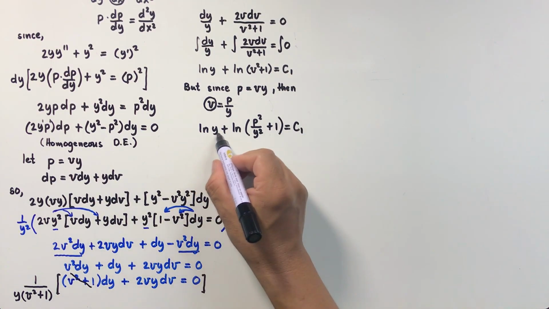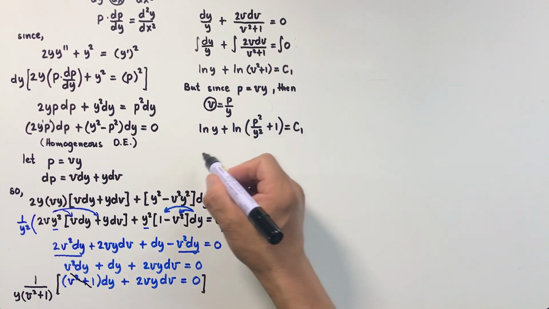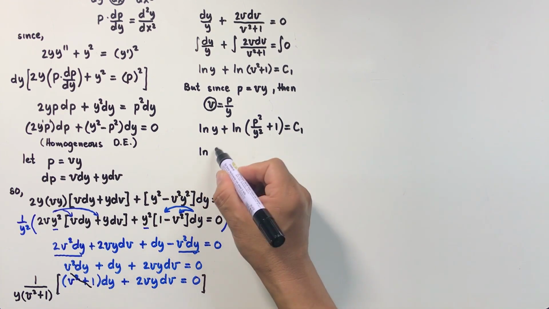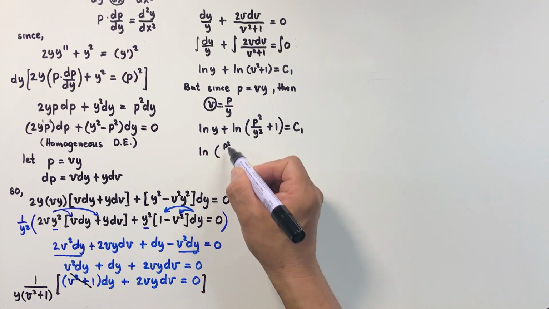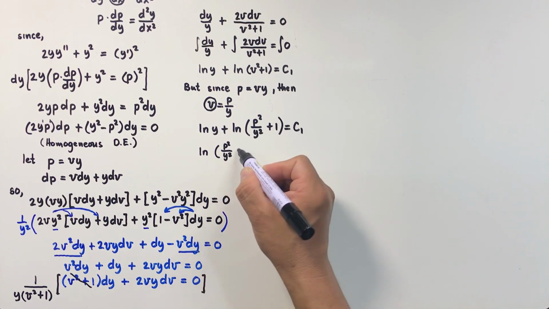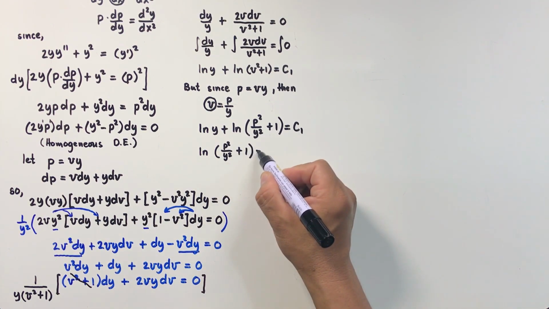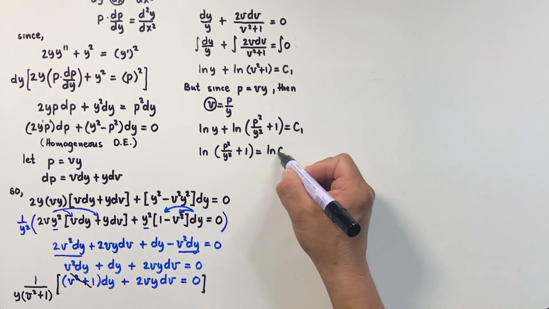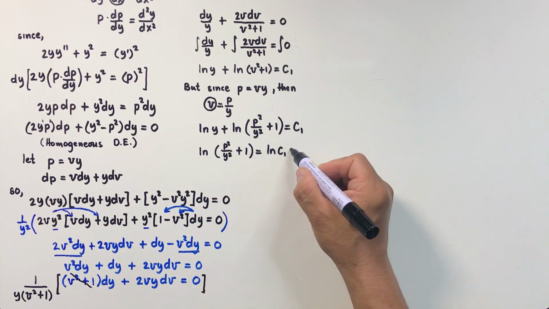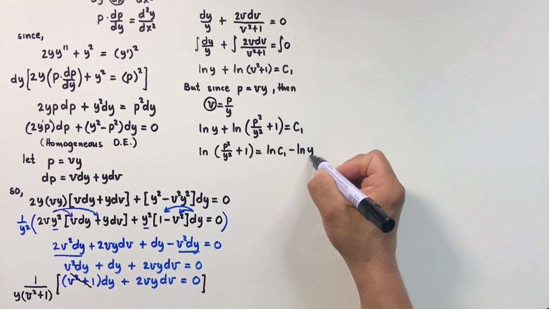Now moving this ln y to the right, we have the natural log of p squared over y squared plus 1 is equal to the natural log of c sub 1 minus ln y.